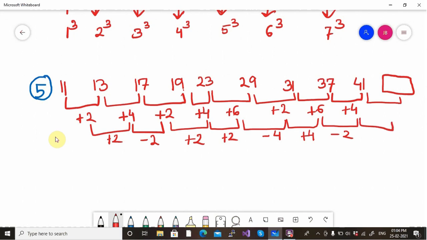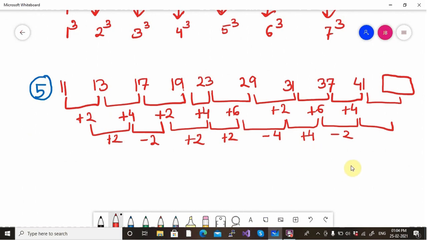Look: plus 2, minus 2, plus 2, plus 2, minus 4, plus 4, minus 2. Plus 2 and minus 2 cancel, plus 2 plus 2 is 4, and minus 4 cancels.